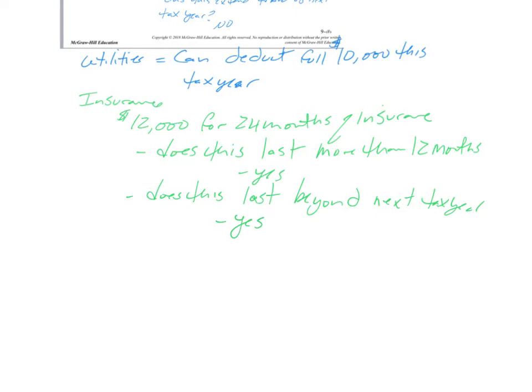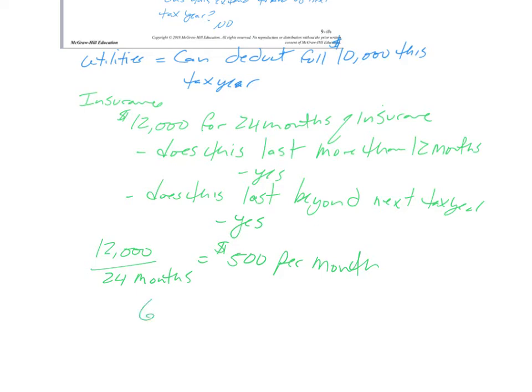So what that means then is you have to deduct ratably for this year. We've got $12,000 of insurance over 24 months, which means we have $500 per month. And so what do we have for this year?